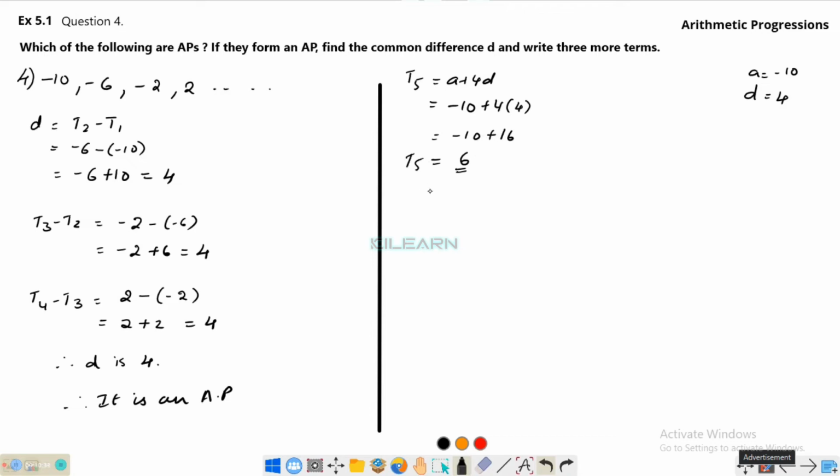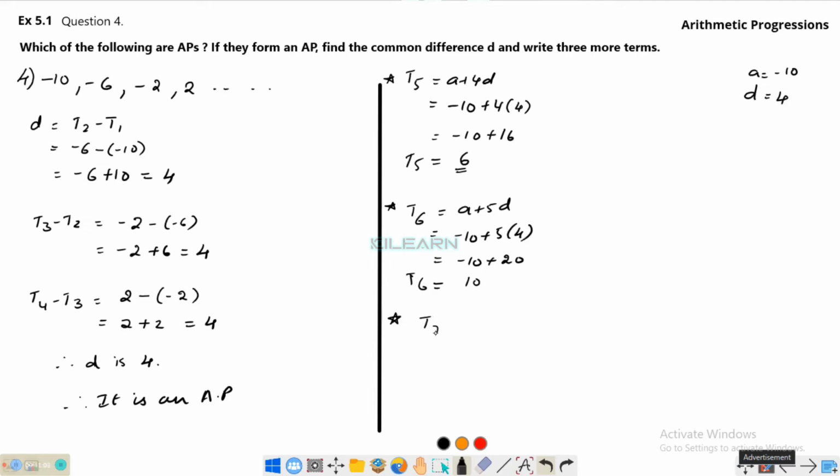So T5 is 6. Then we have T6, A plus 5D, minus 10 plus 5 into 4, 5 4s are 20, which gives us plus 10. Same, plus into minus is minus, 20 minus 10 is 10, and the bigger value has a plus sign.